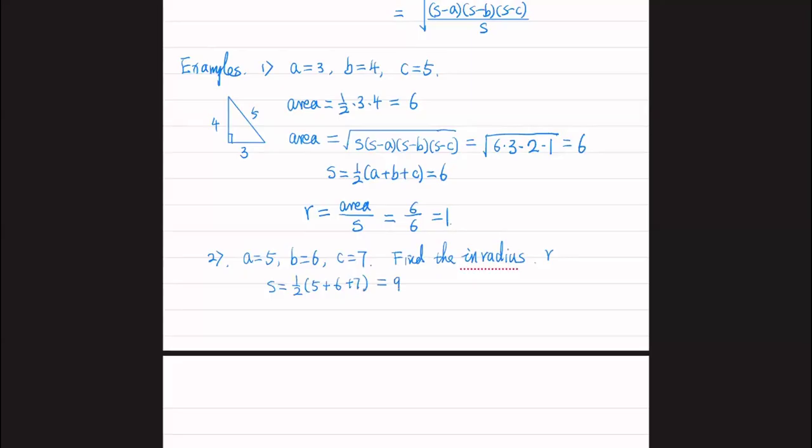Then you find the area, and the radius equals the area over S. So this will be 4, 3, 2, 6 over 6.